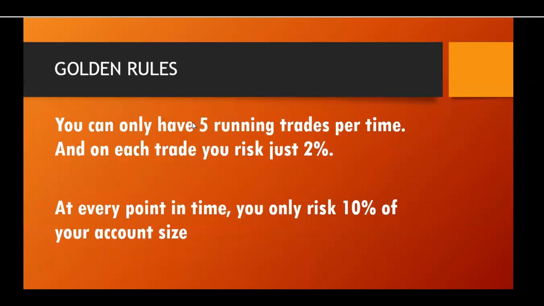Then that simply means that for that trade, I'm no longer risking, because if the trade eventually moves back to hit my break-even point, I'm already in profit. It is at that point you consider opening another position, so that at every point in time, only 10% of your account is being risked.